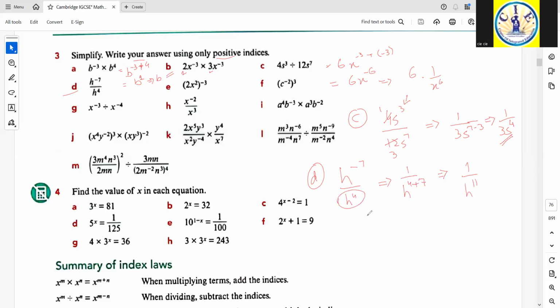So its method 2 could be h raised to the power negative 7. H is having positive index in the denominator. So when it will be shifted in the numerator, its power will become negative. So h raised to the power negative 11. So when we will make it to be having a positive index, the variable h has to go in the denominator, so that its power would become positive. So it could be understood in any of these two ways.